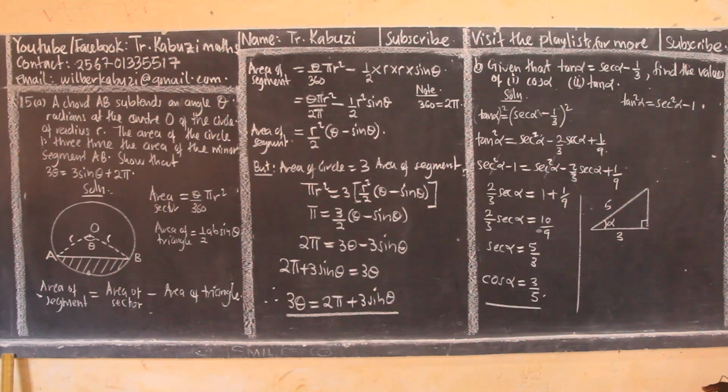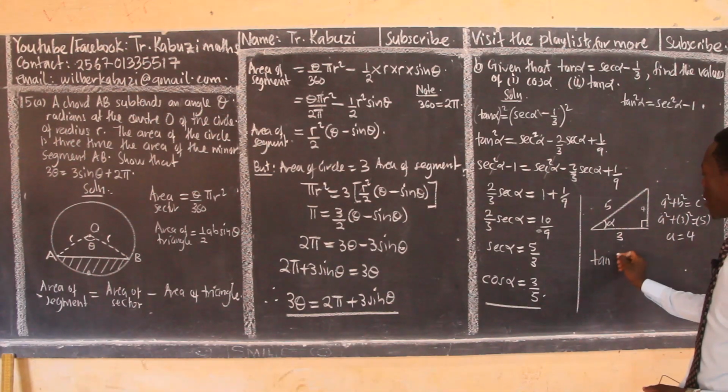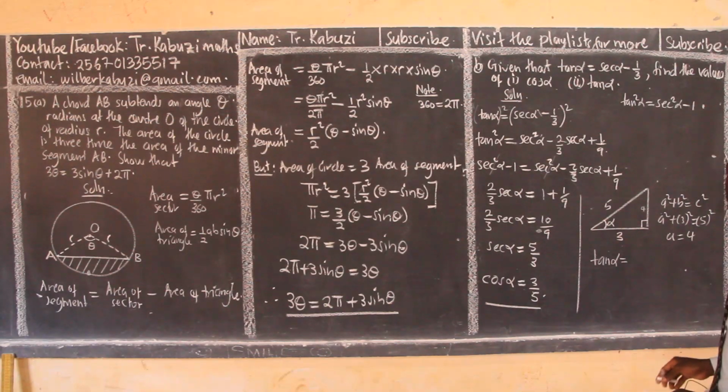Using Pythagoras, a squared plus b squared equals c squared, so a squared plus 3 squared equals 5 squared, and my a is going to be 4. So this side gives me 4. And clearly my tan alpha becomes the opposite over the adjacent.